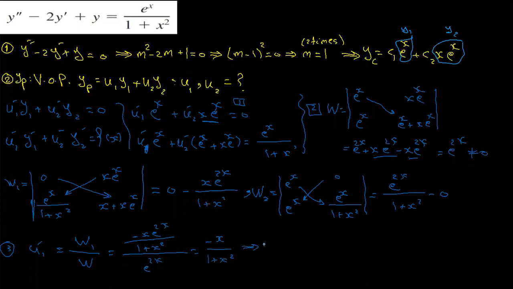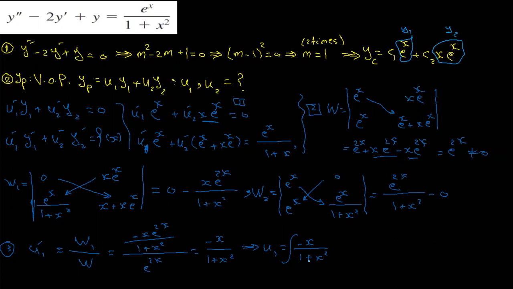Now, I have to find u1 to be the integral of this. Can anyone help to find this integral? Negative ln 1 plus x squared. Negative half. So always, for those who find some difficulties to find the integrals, you have a fraction.